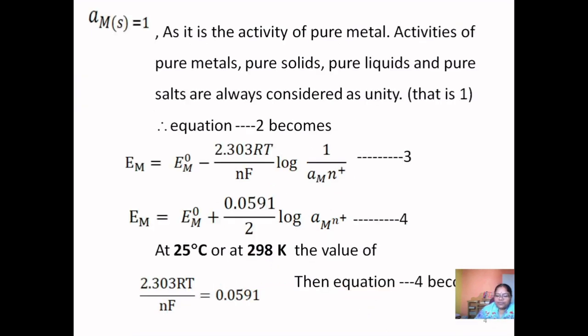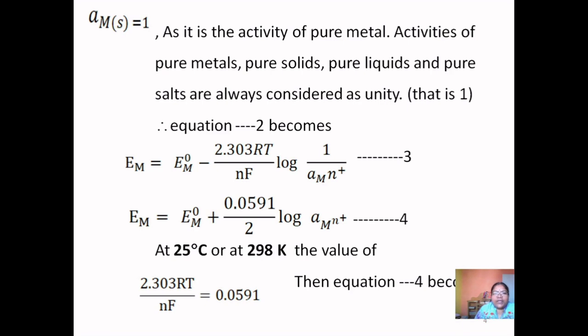Then next, activity of metal in solid state is equal to 1. That is, it is the activity of pure metal, and it is fixed that activities of pure metals, pure solids, pure liquids or pure salts are always considered as unity.